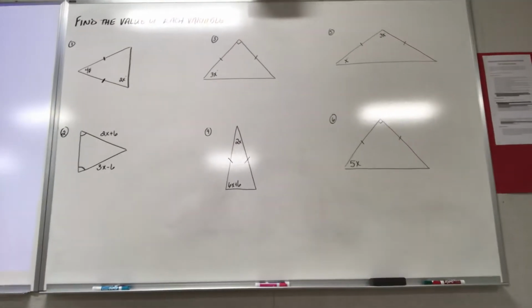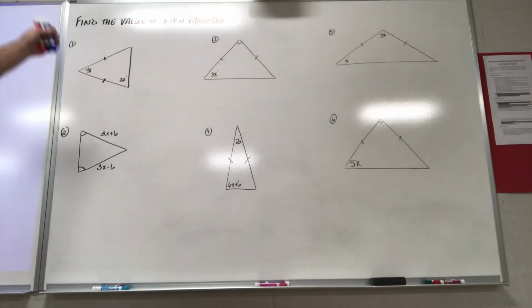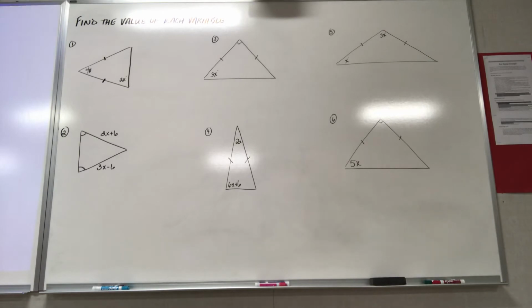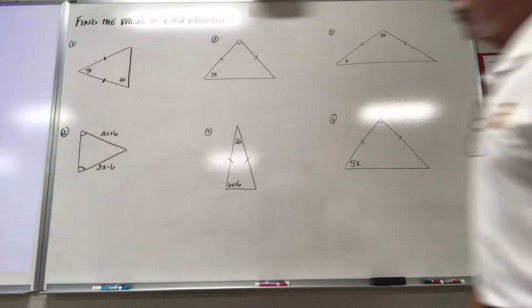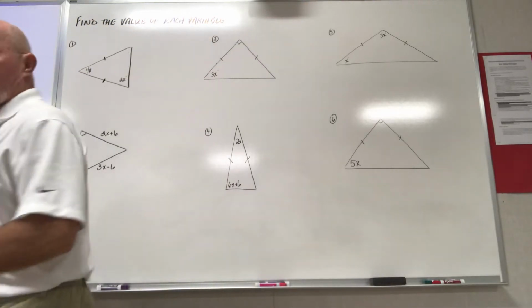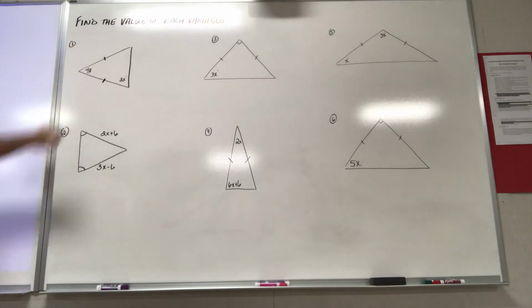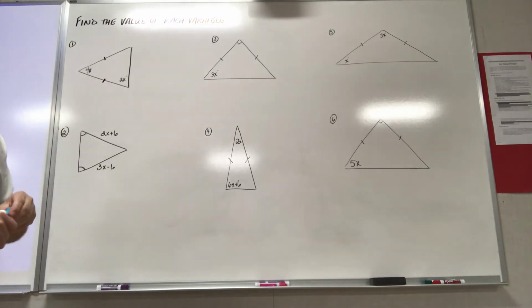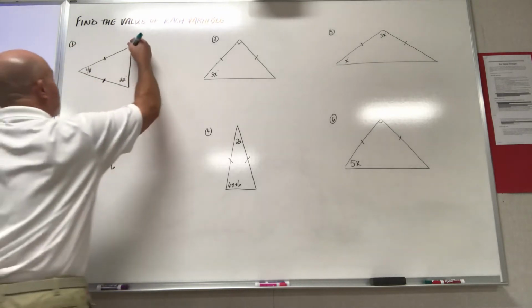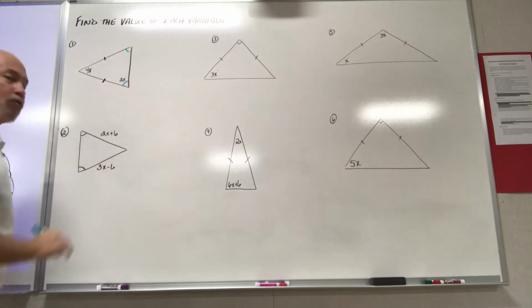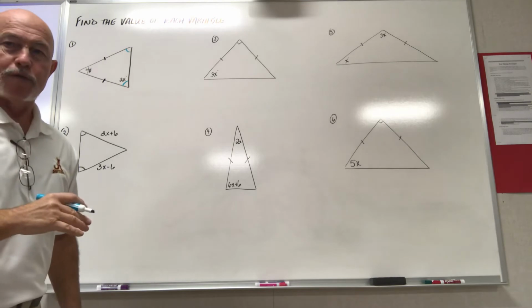Okay, here we go. I've got 6 problems where I've asked to find the value of each variable. First one's first. I have a triangle with 2 equal sides. Before I even look at anything, that tells me the following. Those 2 angles have to be equal.